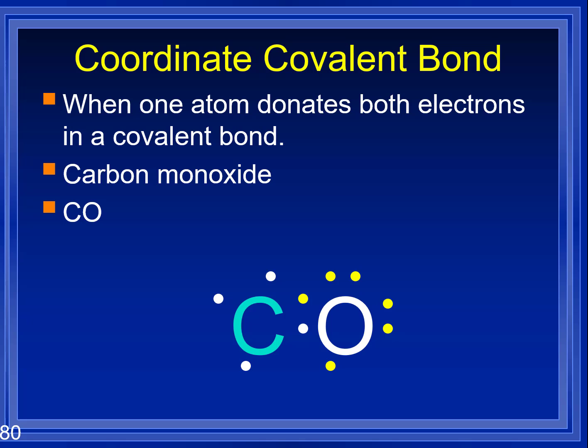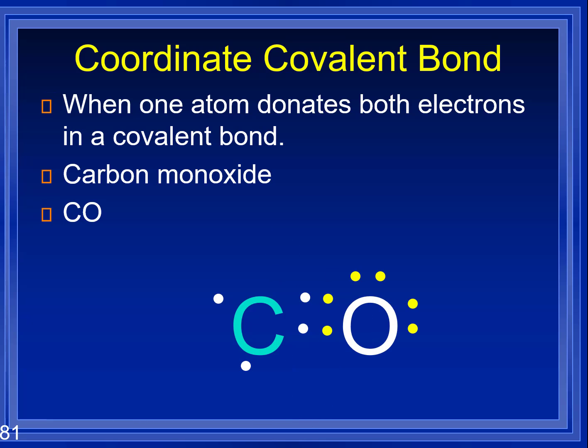So how did we solve this last time? Shared more electrons, right? So I take one from each. Now the oxygen has got the right number. But the carbon only has 6.